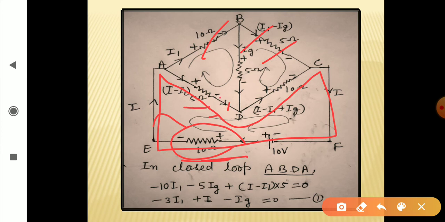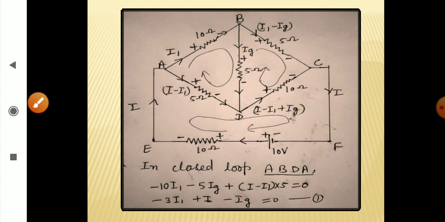For this resistance, 5 ohm, you are moving from higher to lower. So again you will get minus I minus I1 into 5. When you move along this direction, you are moving along the fall of potential. So again a negative sign. And when you're returning back, for this cell, it is rise of potential. So it is going to be positive.